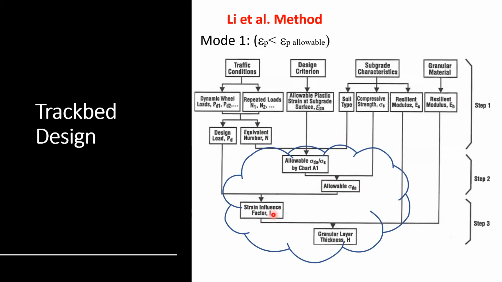This is where you have to do a little bit more interpretation and look at your data to decide which deviatoric stress you're comfortable with. How much would that mean in terms of strains and strain influence factor? And then what would be your granular material thickness?